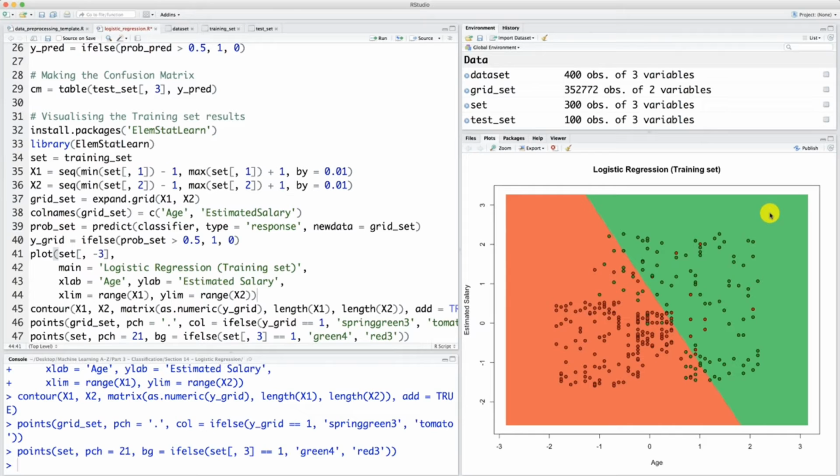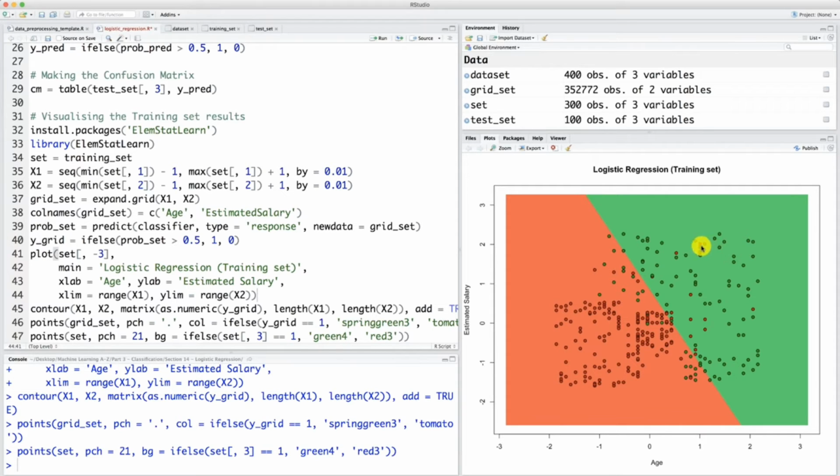That way, this business client, the car company, can substantially optimize their marketing campaign by targeting the social network ads to the users in the green region, because these are the users predicted to buy the SUV according to our classifier.